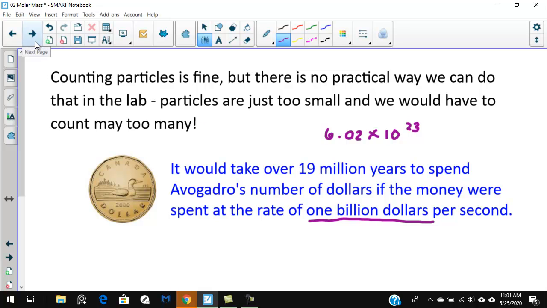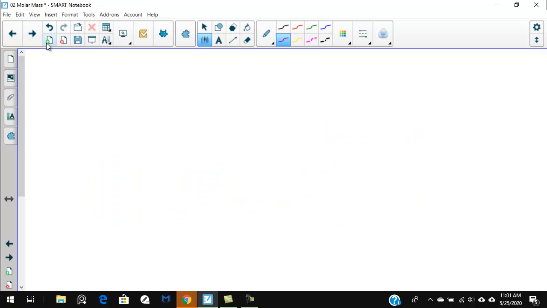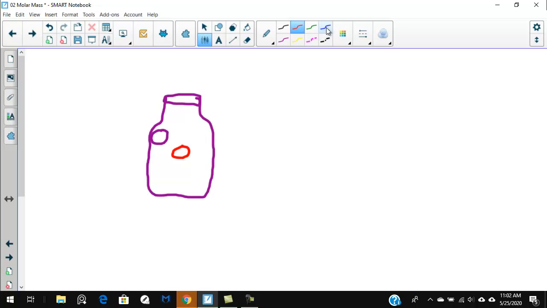It's kind of like if I gave you a jar, and inside that jar were a bunch of jelly beans, and I asked you to count up how many jelly beans there were in the jar, but you weren't allowed to take them out. But you knew at least one thing: you knew how much a jelly bean had in terms of mass. So if you knew that, I think most of you could probably calculate how many jelly beans are in the jar.